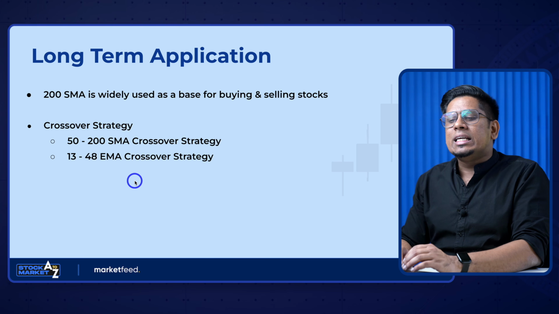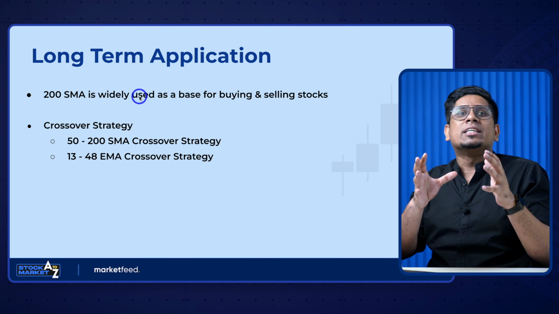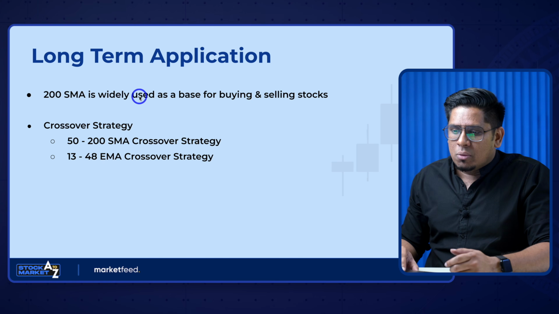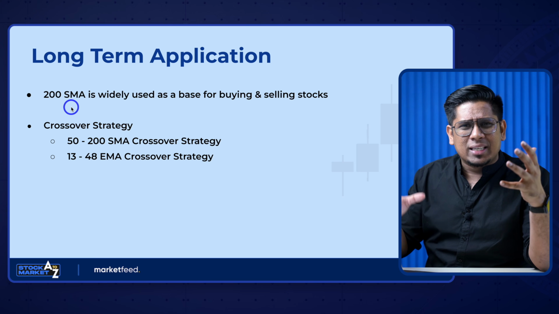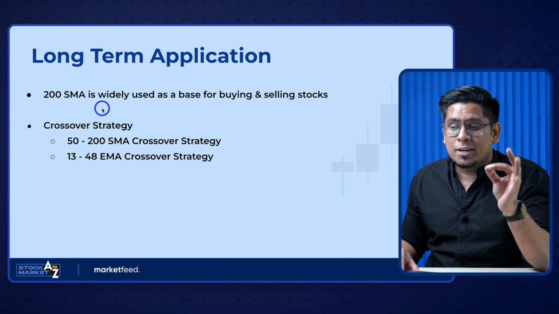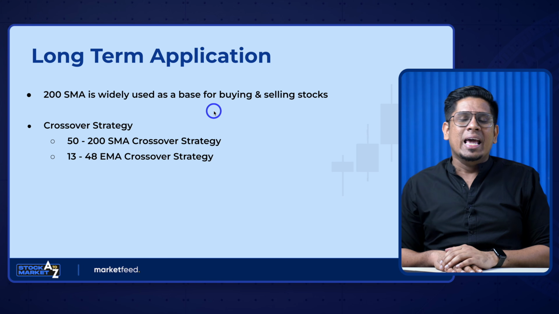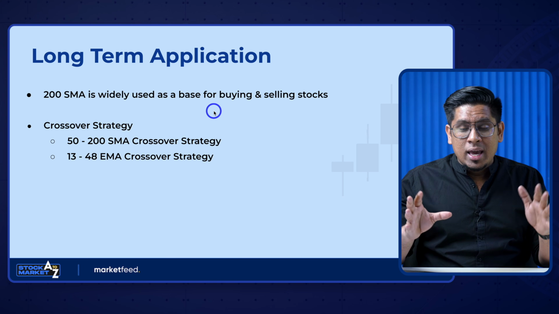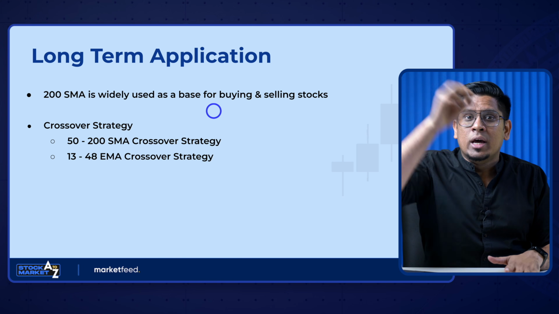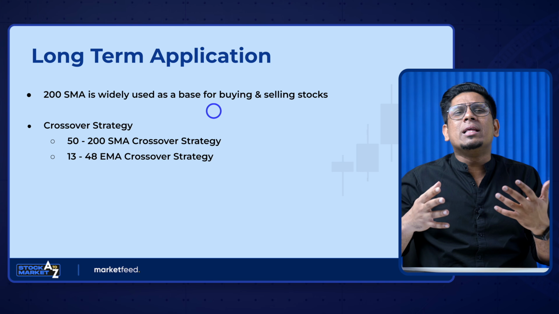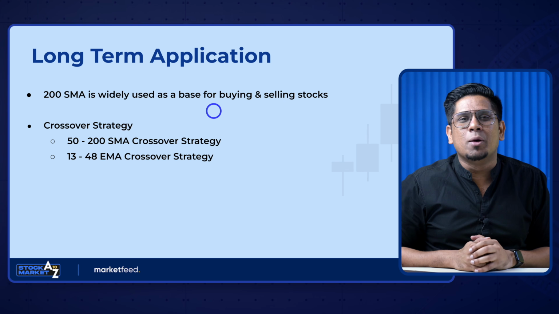Now moving ahead, let's even talk about long-term application of moving averages. One thing which is very famous here is that the 200 SMA is widely used as a base for buying and selling stocks. That is, you look into any stock. If the stock is staying above its 200 SMA, it is normally said that it is bullish and you can buy the stock.